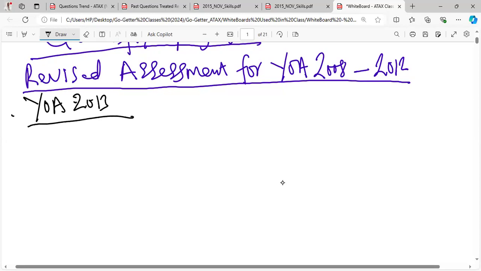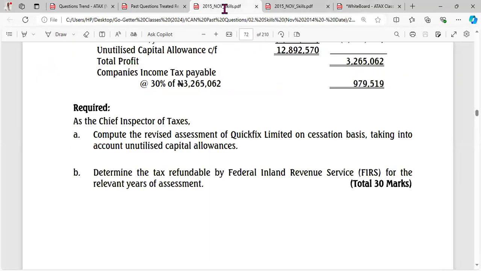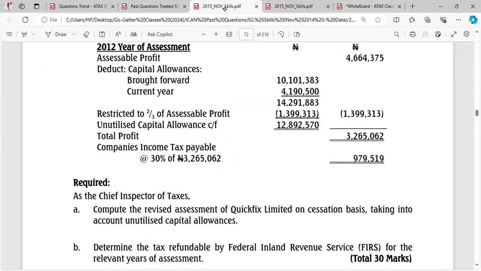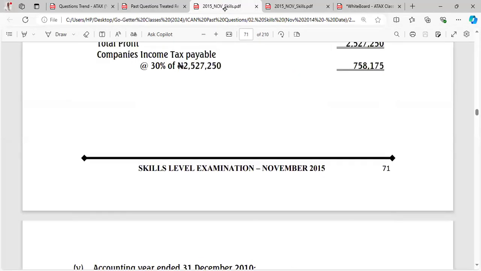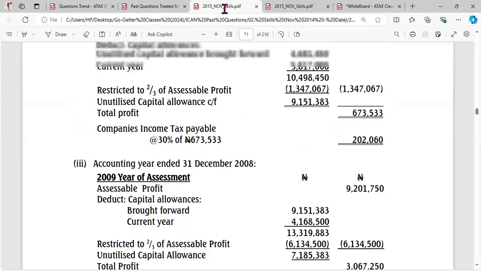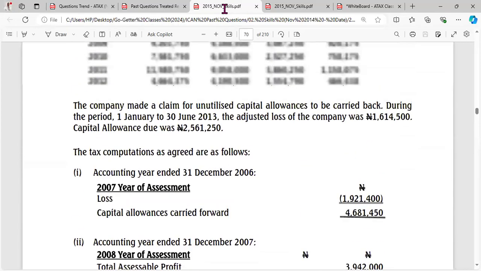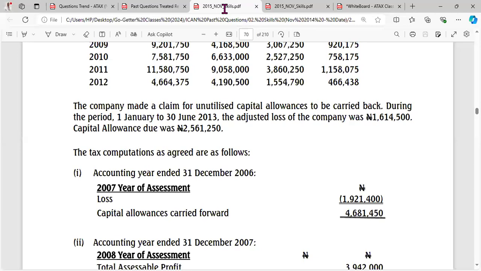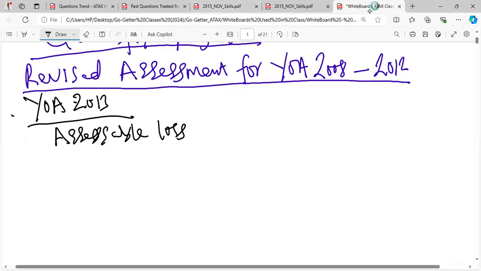We are told that accessible loss. What is our accessible loss here? We are told that the accessible loss is 1,614,500.